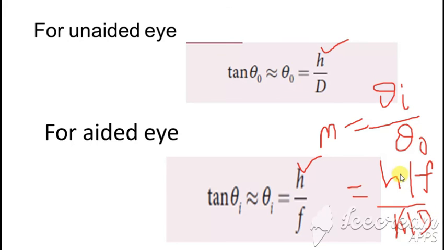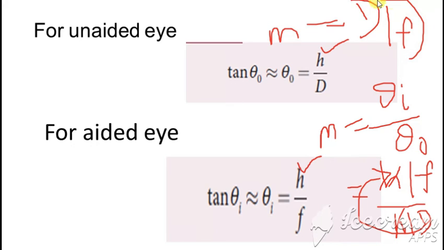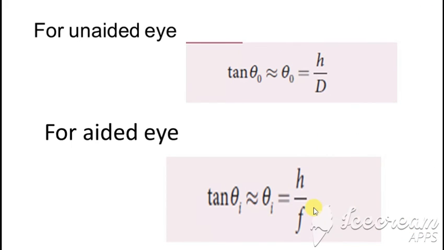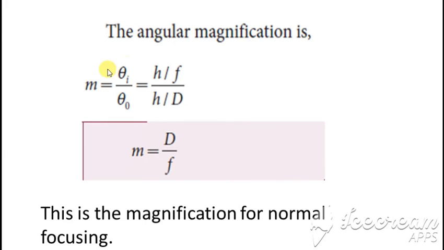Now the value of h gets cancelled, d we take to the numerator, so we get m which is equal to d divided by f. So this gives the magnification for normal focusing. Okay, so m is equal to theta I by theta naught, h gets cancelled, d divided by f. So this is the magnification for normal focusing. Clear with what is normal focusing as well as near point focusing, which is used in the simple microscope. Okay.